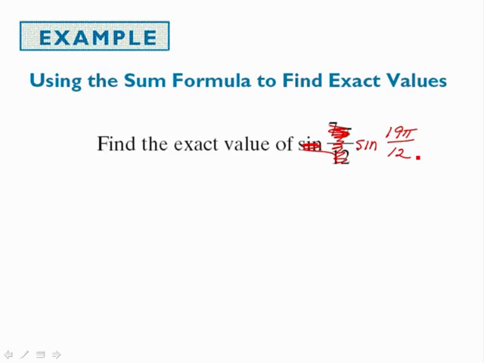We would like to find two special angles whose sum or difference is 19 pi over 12. Need some help remembering your special angles? It might even be helpful to rewrite these special angles so the denominator is 12, right?